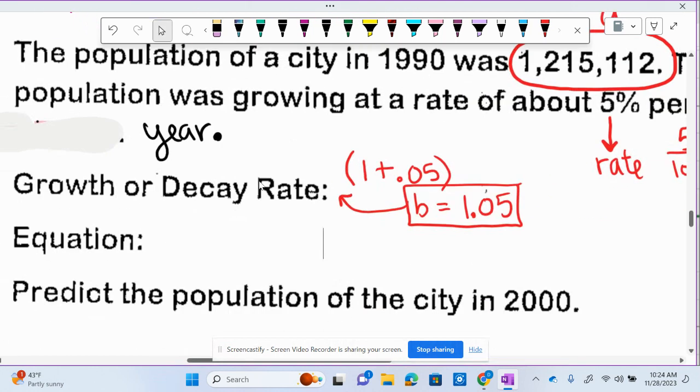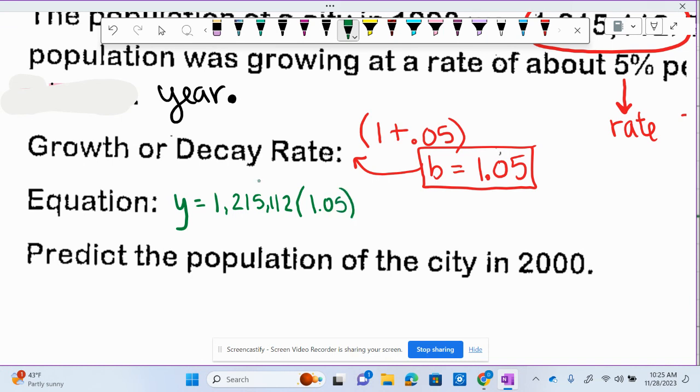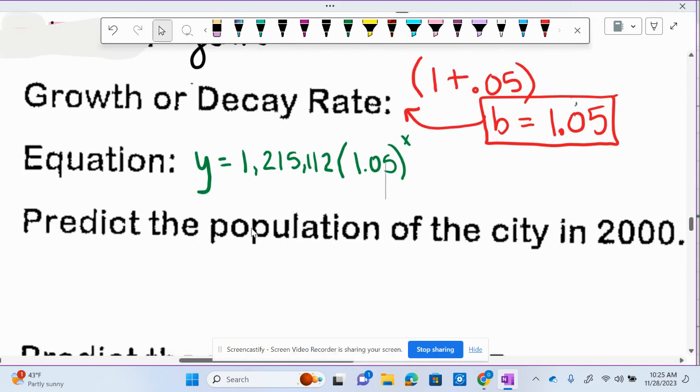Okay, so write it for me, Cheyenne. 1,215,112 parenthesis, close my parenthesis, x. Perfect. That is exactly perfect.